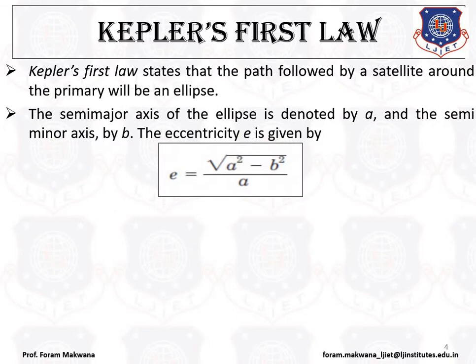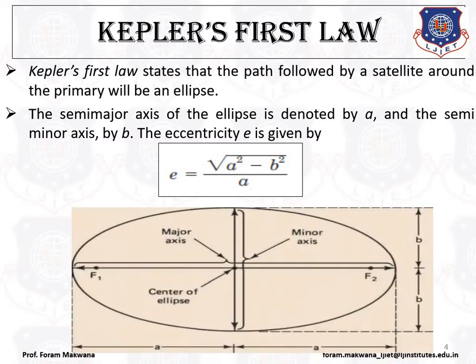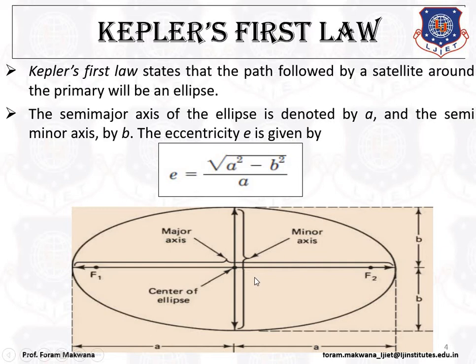Kepler's First Law states that the path followed by satellite around the primary will be an ellipse. That means the orbit of satellite is in the form of ellipse. Over here in this diagram you can see this is a center of ellipse.